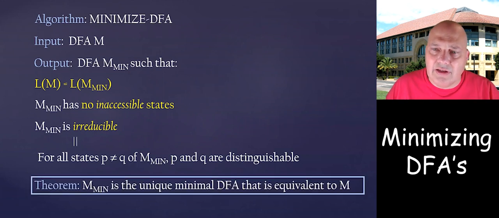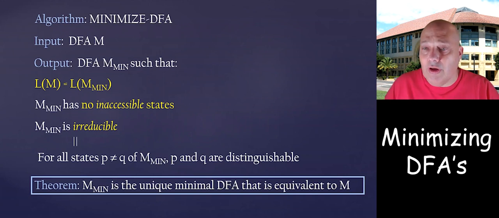And the theorem that we're going to prove is that M min is the unique minimal DFA that is equivalent to M. And in fact, we'll conclude it from these properties. That it is accepting the same language, it has no inaccessible states, and it is irreducible.